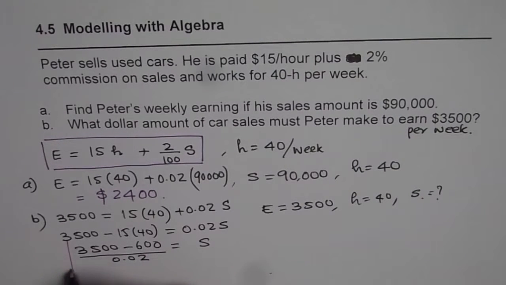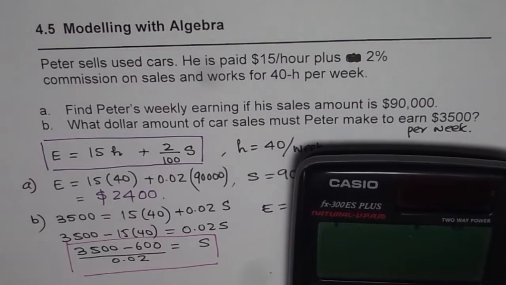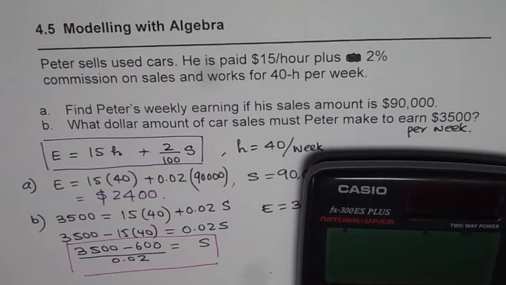Right, so that is the sales. Now let's figure out using calculator how much this amount is. Again, my suggestion is always start with brackets. So bracket 3,500 minus 600, bracket close. Now divide by 0.02 to get the answer.